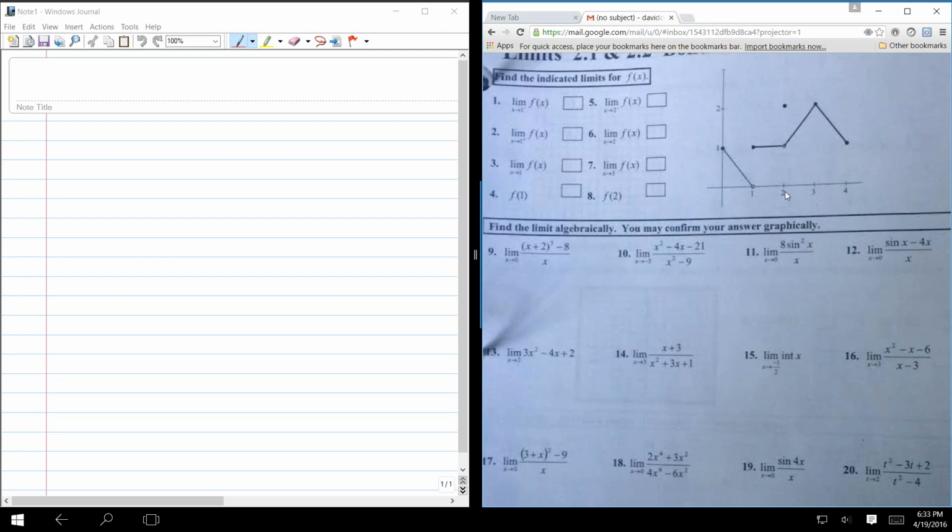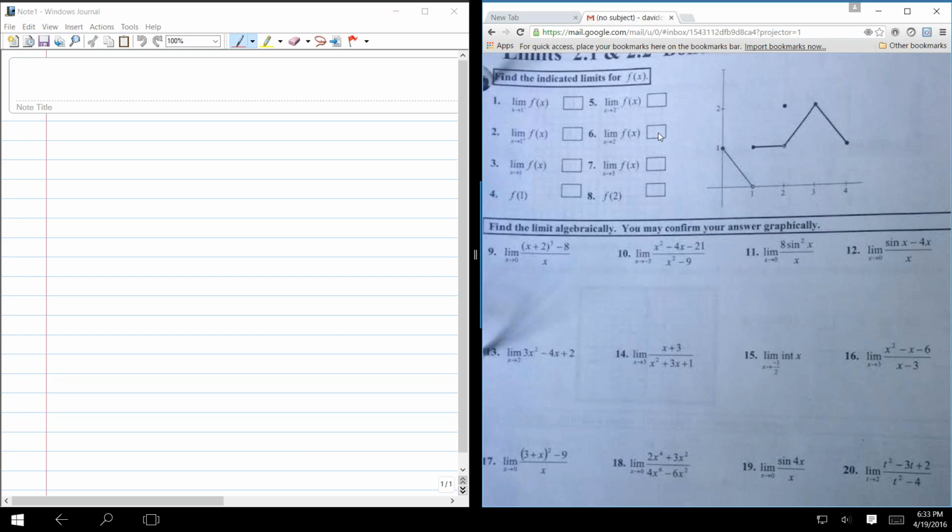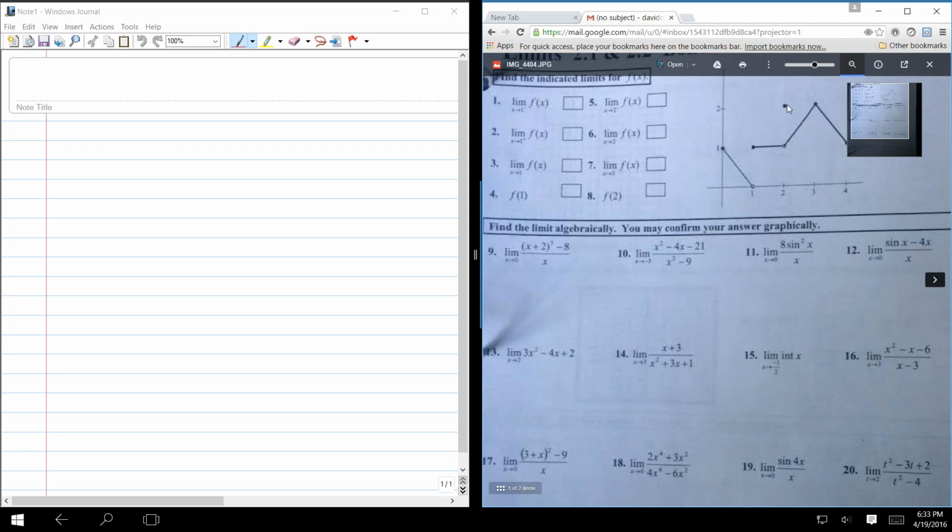F of 2, that would be 2. Correct. Only at that point right there. Even though that limit points to 1 and that limit points to 1, the limit at x equal 2 is 1. Because from the left it's 1 and from the right it's 1, regardless of whether f of 2 is that same value.